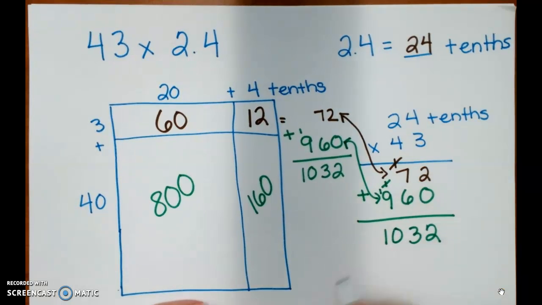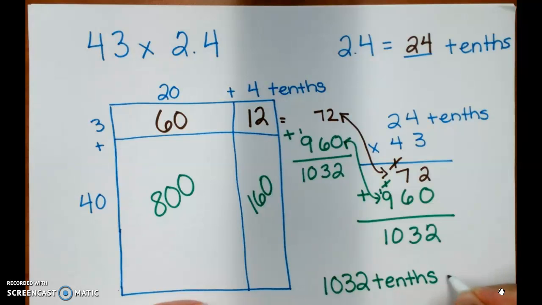So I have 1,032 tenths. And I want to change that into ones. So I would divide by 10, and I would have 103 and 2 tenths.